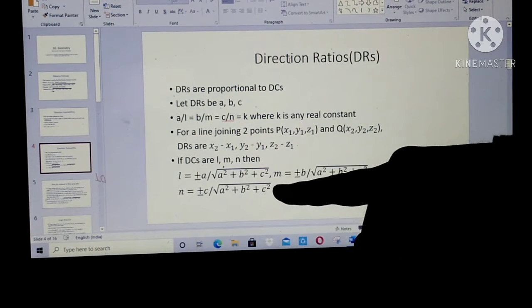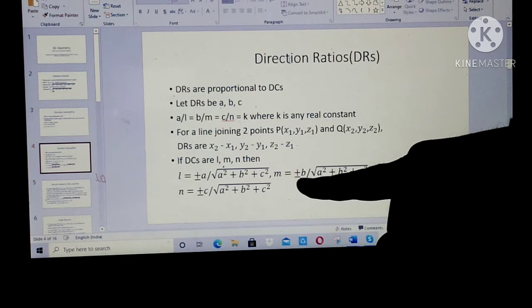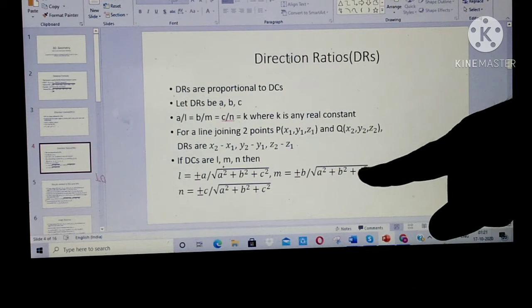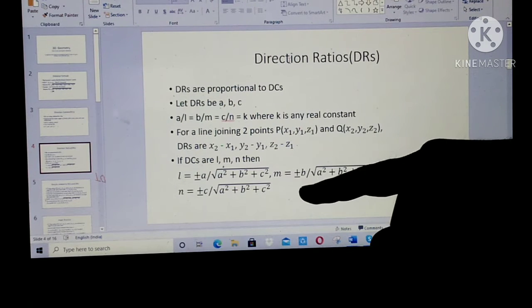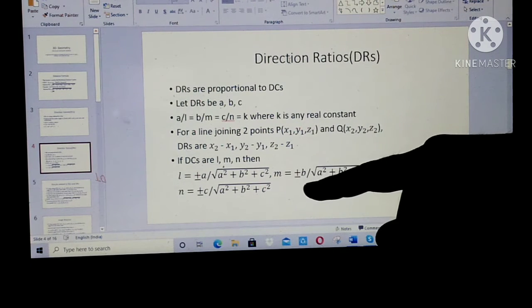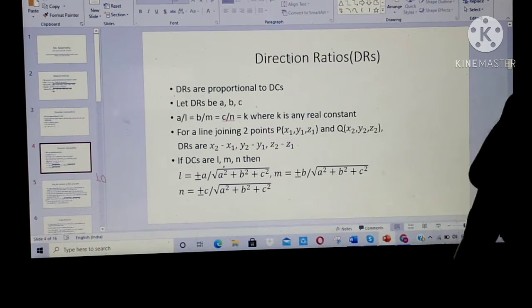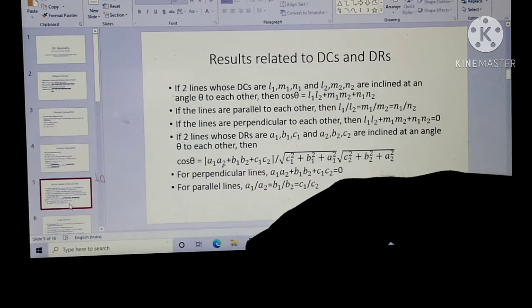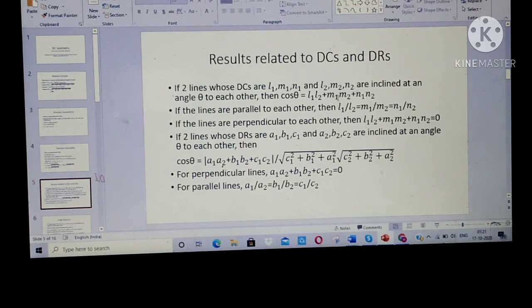L is equal to plus minus A upon root of A square plus B square plus C square. Similarly, M is equal to plus minus B upon root of A square plus B square plus C square, and N is equal to plus minus C upon root of A square plus B square plus C square.